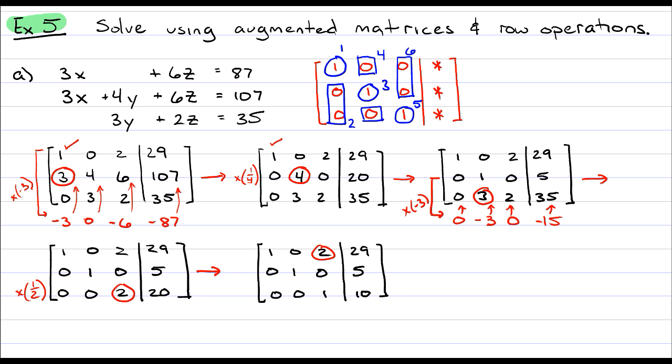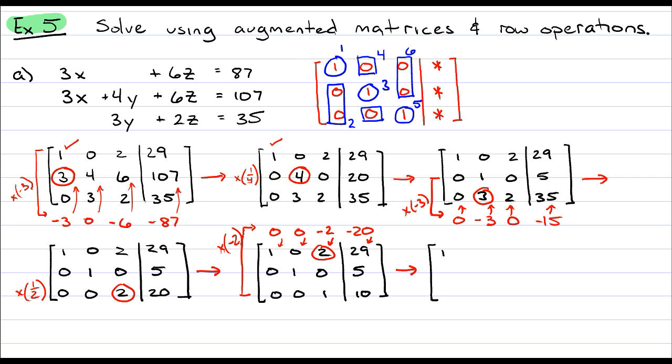So I need to take the very last row and multiply all of its entries by minus 2. If I do that, I'm going to get 0, 0, minus 2, minus 20. And then I add these entries to the first row, and that leaves me with the following matrix.